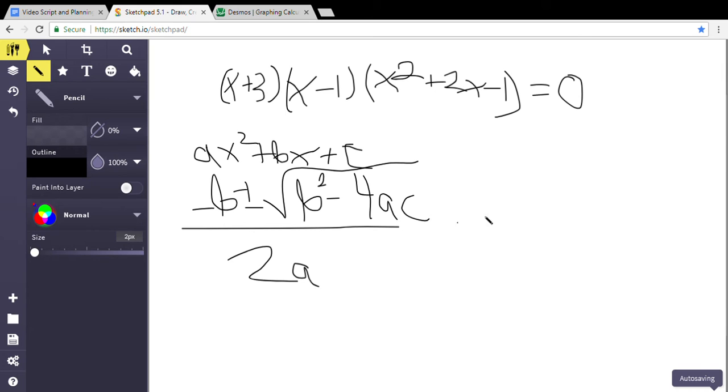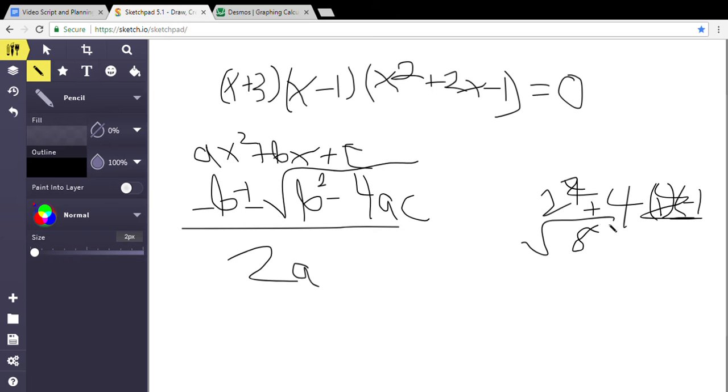Now, when you plug all these numbers in, with 2 being b, 1 being a, and -1 being c, you get 2 squared minus 4 times 1 times -1, or just plus 4, 2 squared plus 4, 4 plus 4, square root of 8, negative b, or negative 2, over 2 times 1. So you have negative 2 plus or minus the square root of 8 over 2.